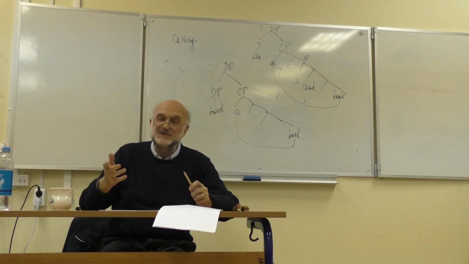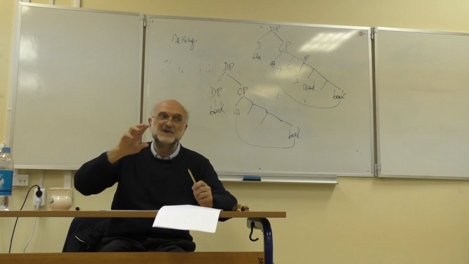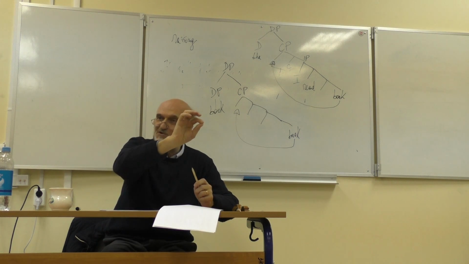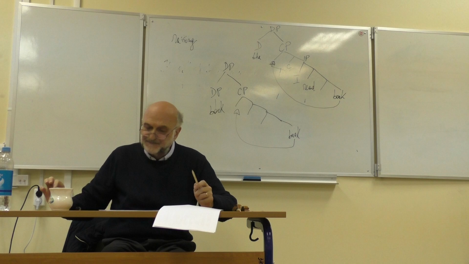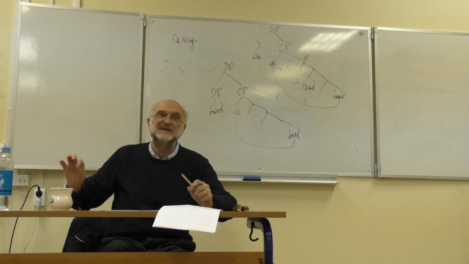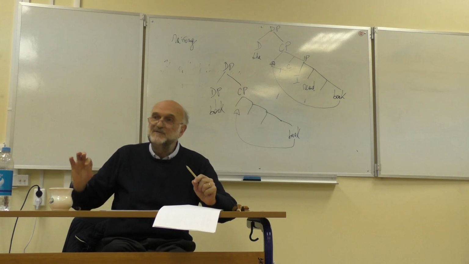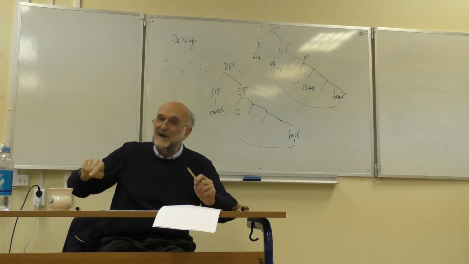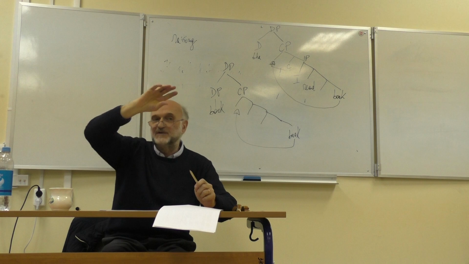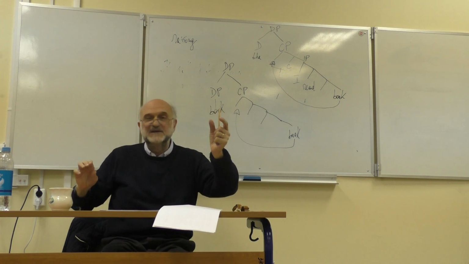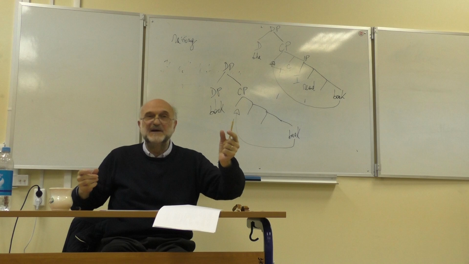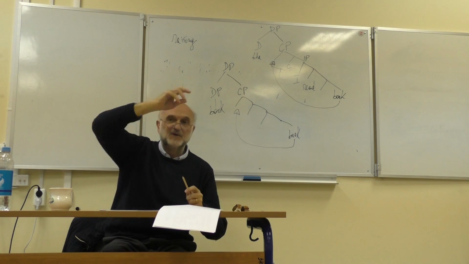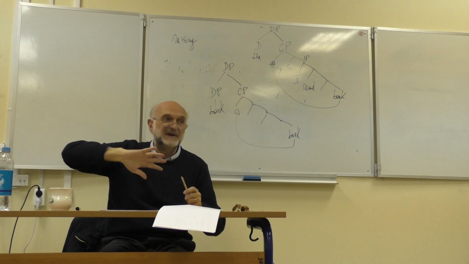And these are diagnostics of movement, because when you see that the relation between one position outside of an island and a position inside of an island is impossible, it means that the element which is outside has come out from the island. There are cases where instead there is no problem in connecting something outside of the island and inside. For example, a pronominal can well connect to something outside of an island.